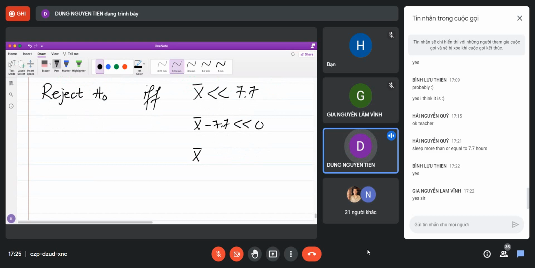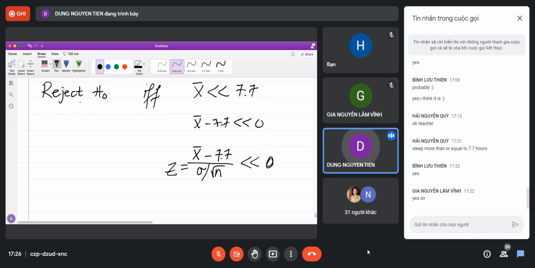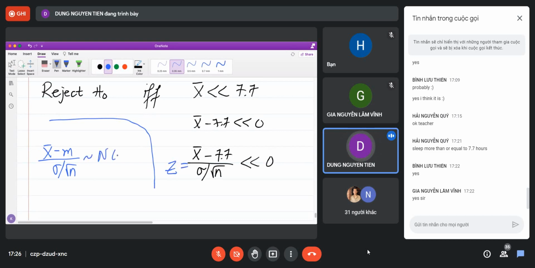Or you can standardize that to get X bar minus 7.7 over sigma over the square root of n is much less than 0. Do you understand that? On the other hand, we knew that X bar minus m over sigma over the square root of n follows the standard normal distribution N(0, 1). Is that all clear?